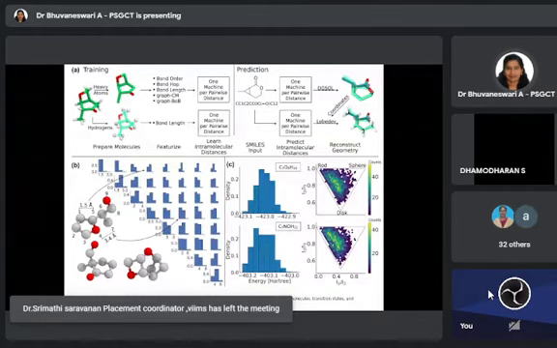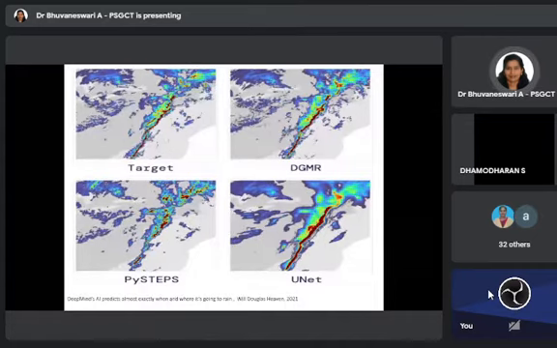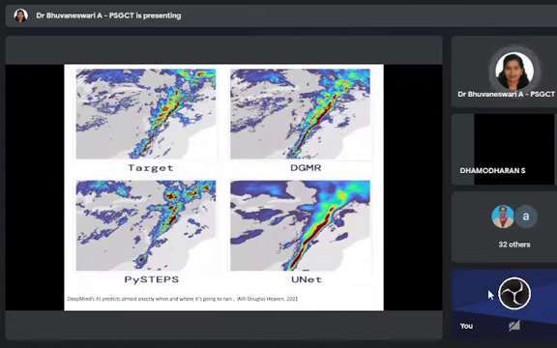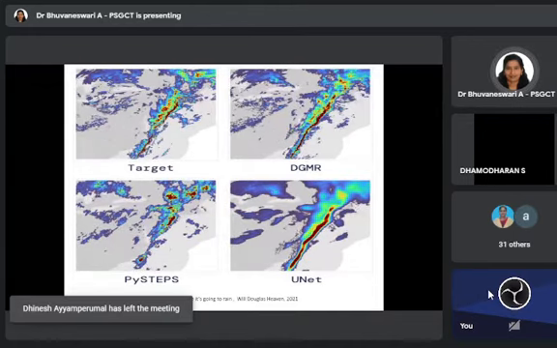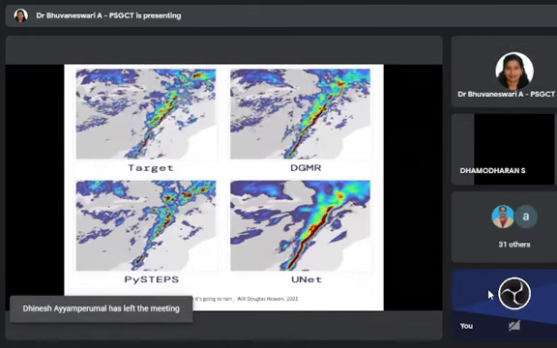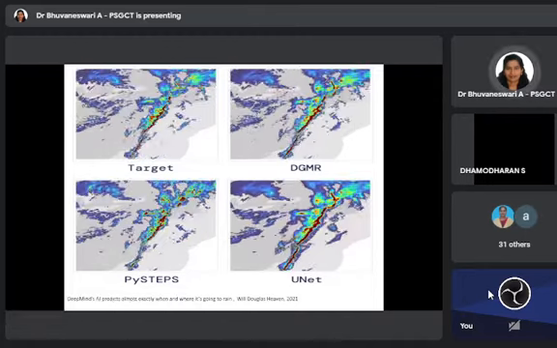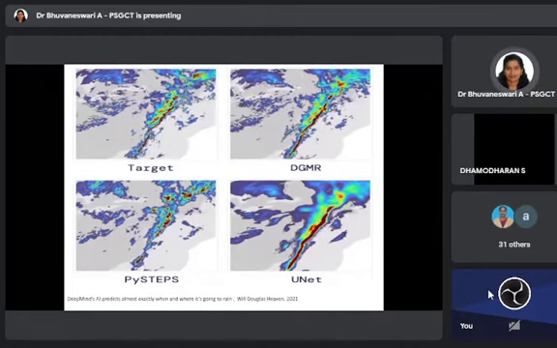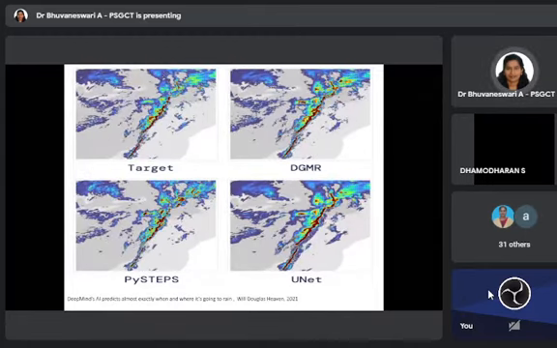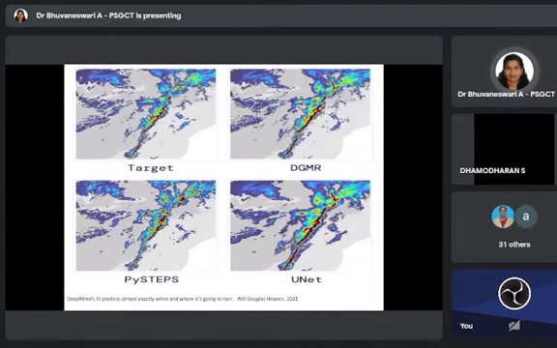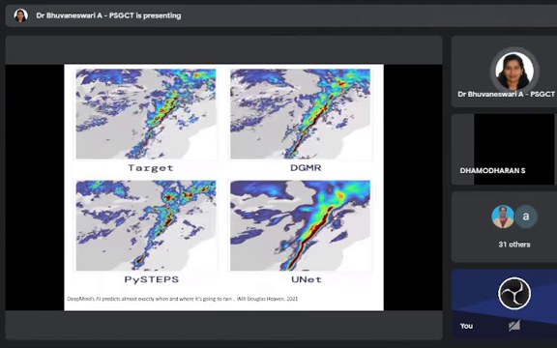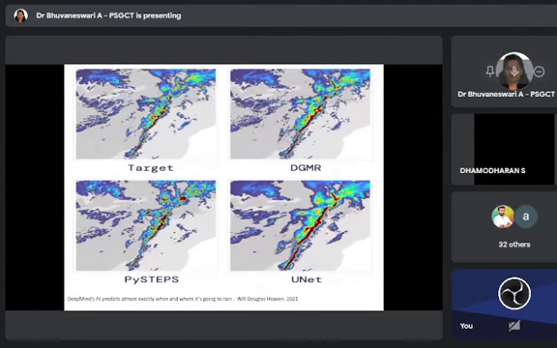This is another application that predicts when and where it's going to rain. The different color patterns are used to indicate the different climatic levels.